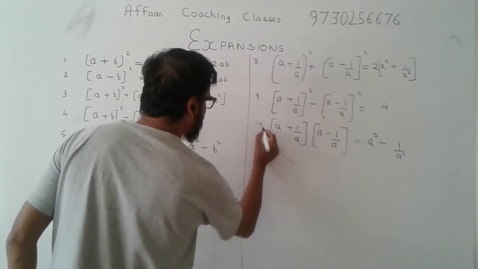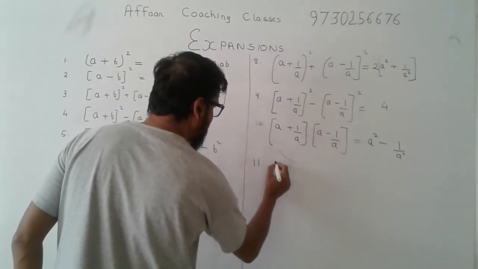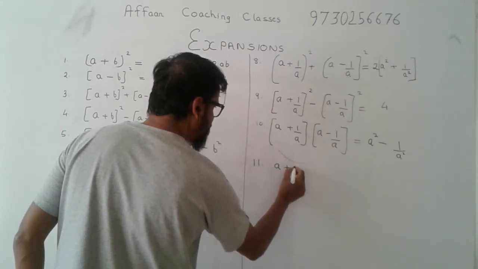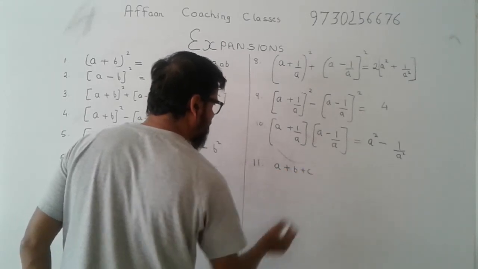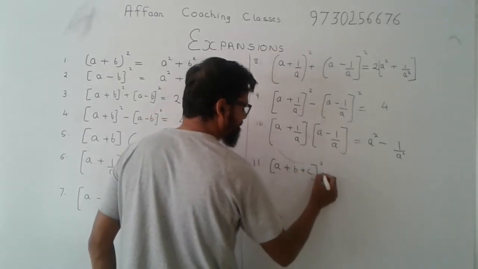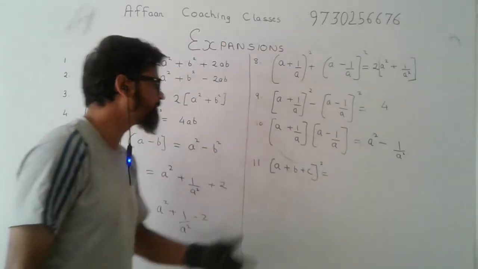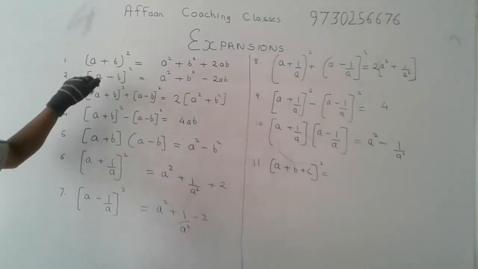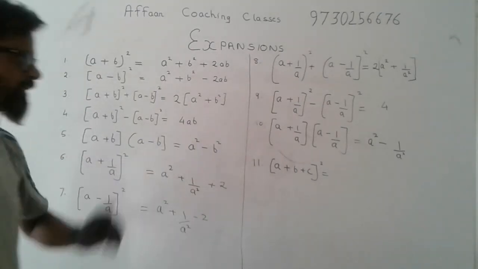Now, the 11th formula is (a plus b plus c) whole bracket square. When you have 3 terms, here we have seen only 2 terms, right? Now you have 3 terms with square.